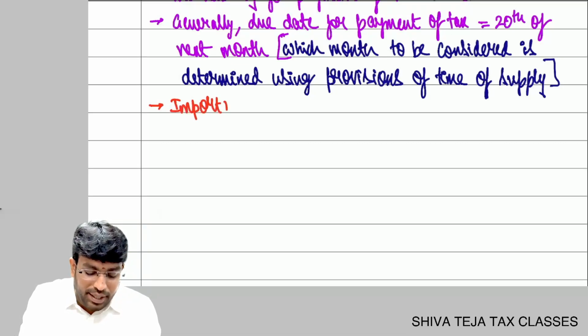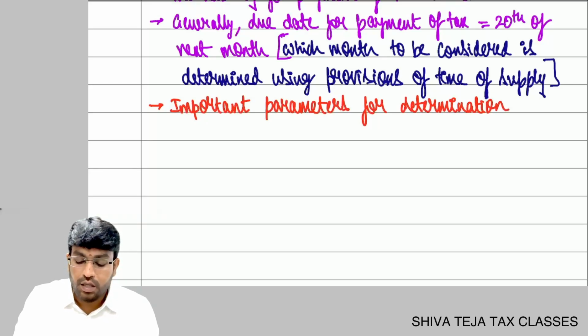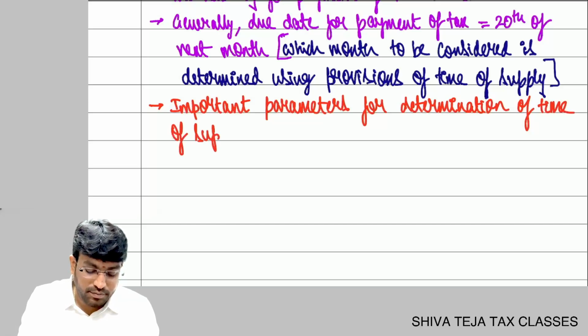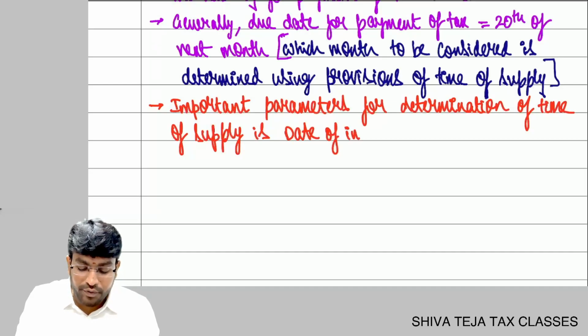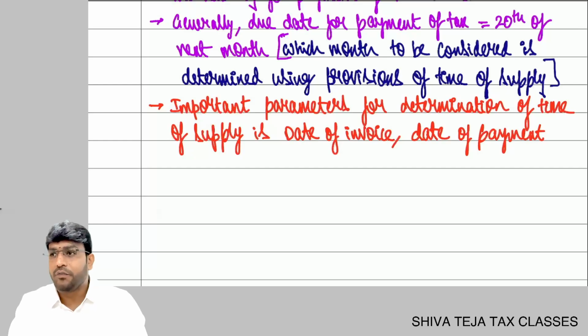Important parameters for determination of time of supply is date of invoice, date of payment. What the first one, sir? Date of invoice.